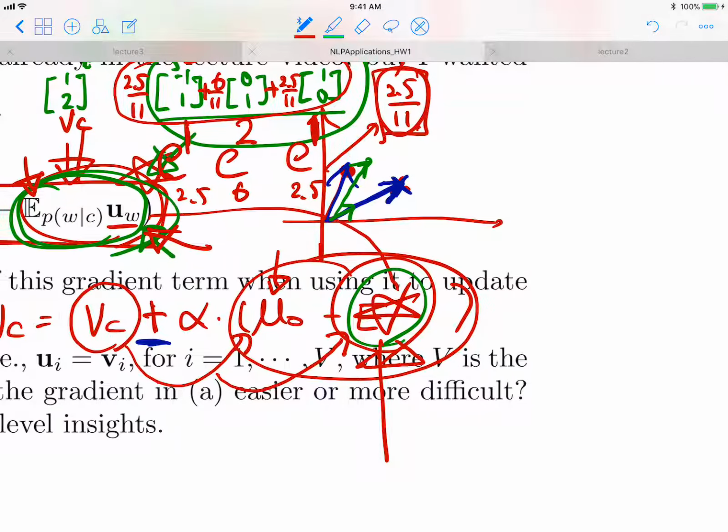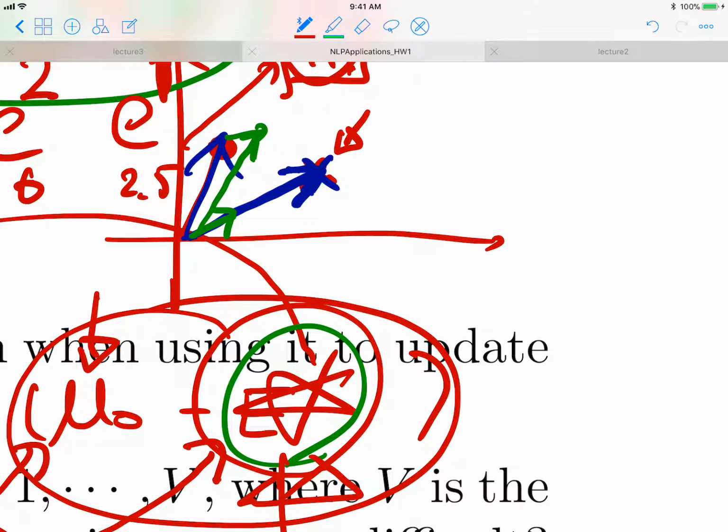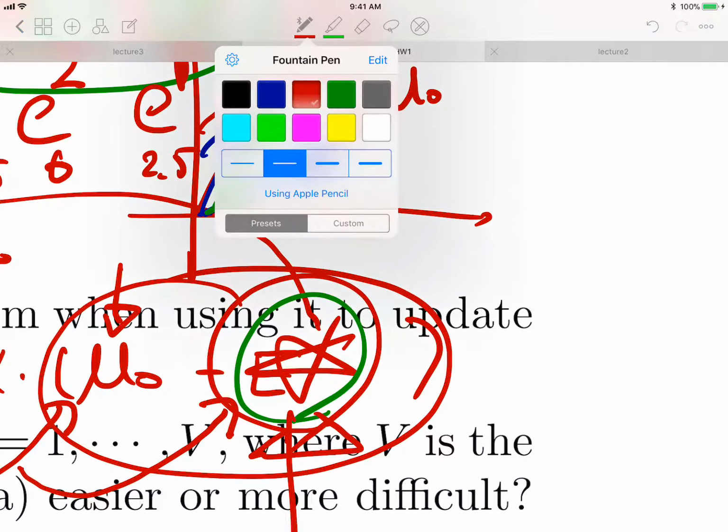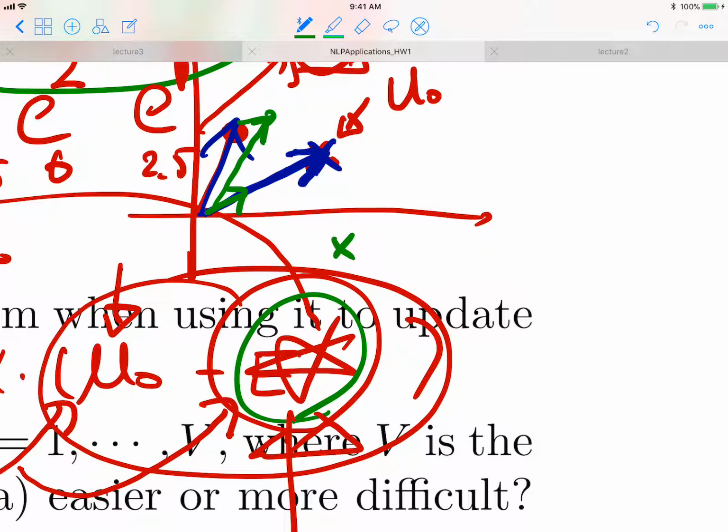We had U_O, the actually observed word vector, and suppose we had, maybe over here, our expected context word vector. This is the context vector that we expect before being given the actual word vector.